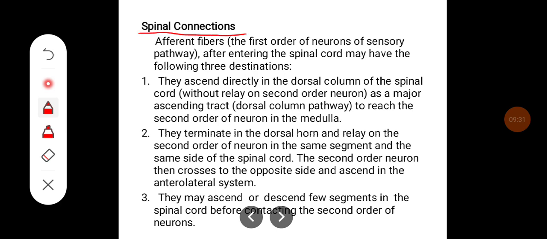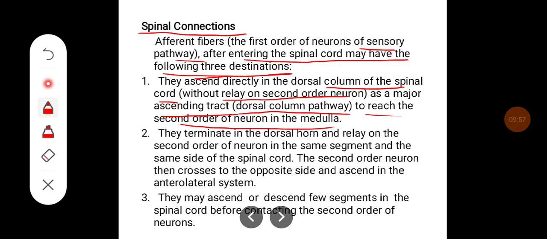Coming to the spinal connections, the afferent fibers, that is the first order neurons of the sensory pathway, after entering the spinal cord may have the following three destinations. They ascend directly in the dorsal column of the spinal cord, that is without a relay on a second order neuron, as a major ascending tract in the dorsal column pathway to reach the second order neurons in the medulla, or they terminate in the dorsal horn and relay on the second order neurons in the same segment and the same side of the spinal cord.